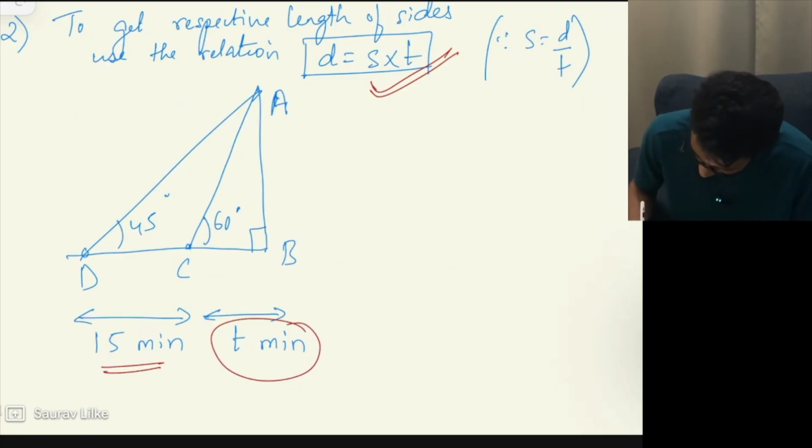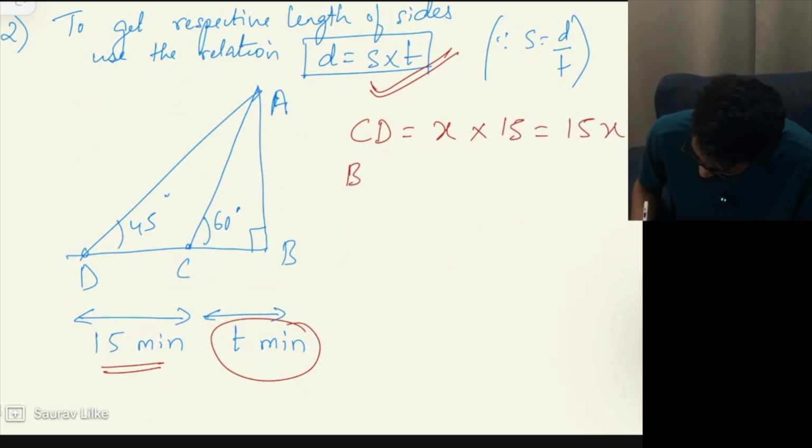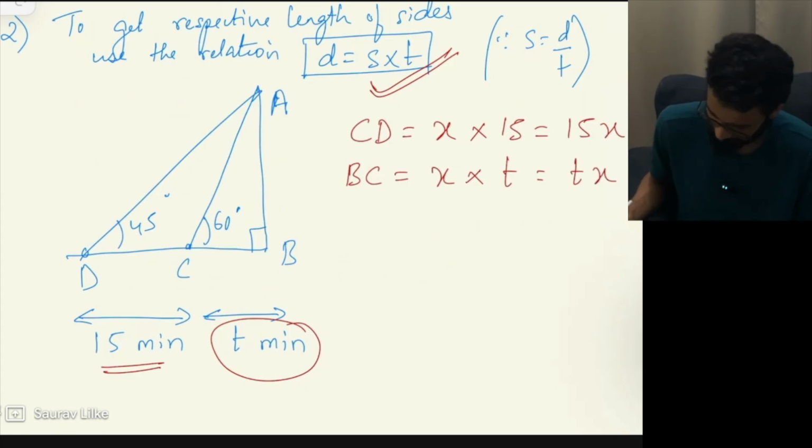So can I write CD as speed into time is 15, so this becomes 15x, and I can write BC as speed into time is unknown t, so this becomes t times x.